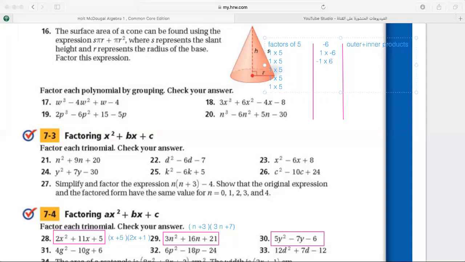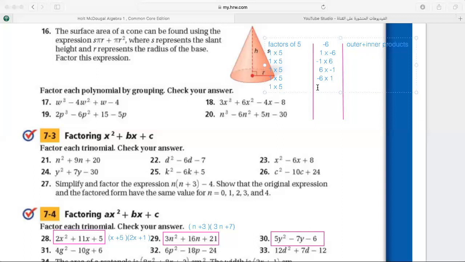And 6. And now I will change the places. 6 and negative 1. And the place of the first one, which is negative 6 and 1. You see, Tala, I changed the place of 6 and negative 1 crisscross. Now I will put negative 6 and 1, the first choice.